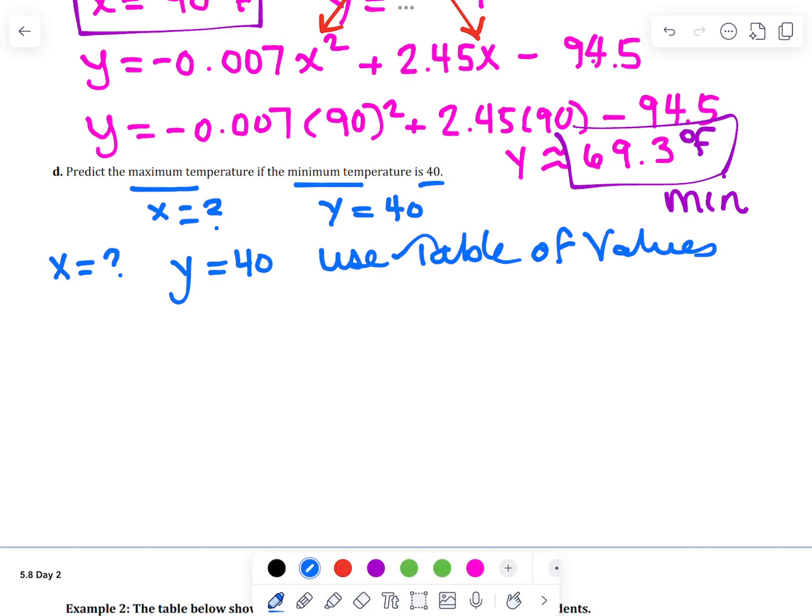If we look at our list with the graphing calculator, we have list 1 and list 2.